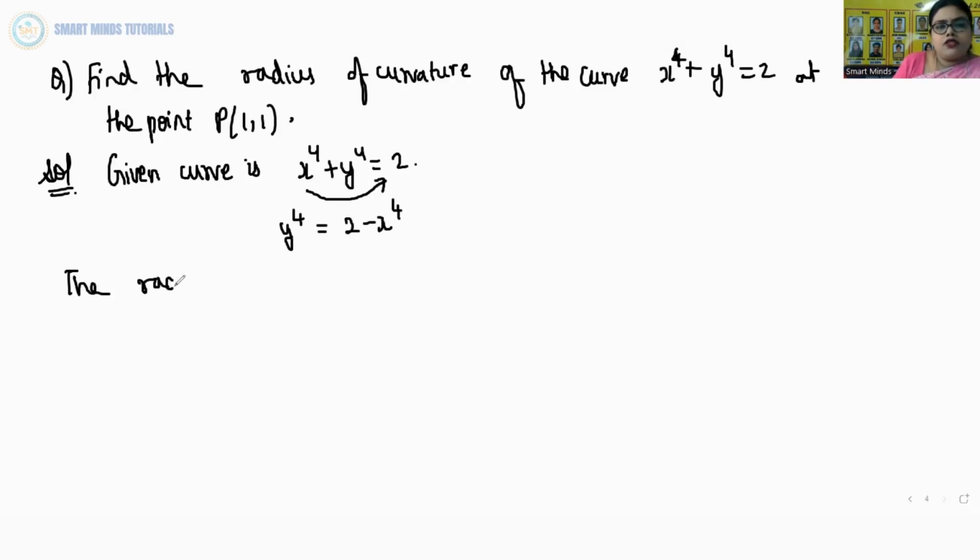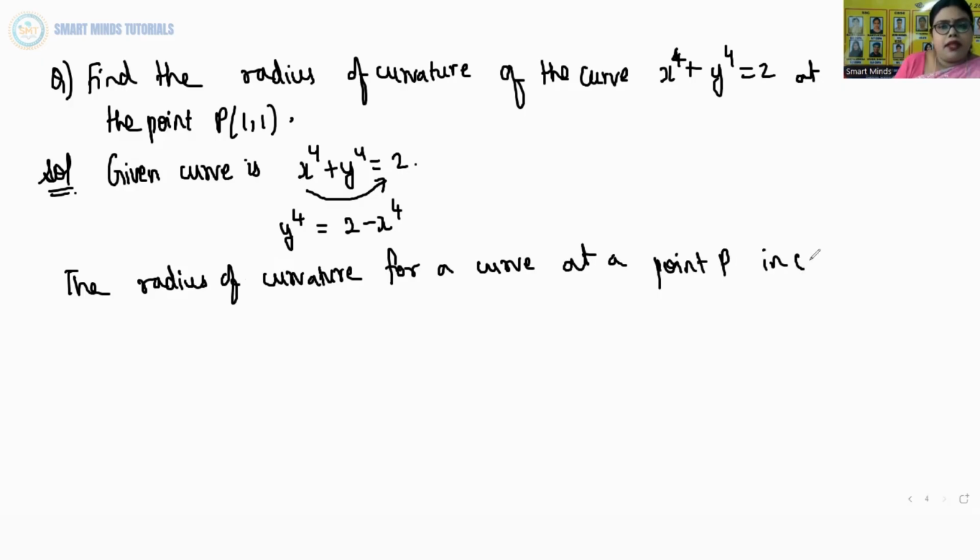Now the radius of curvature formula we are going to apply. The radius of curvature for a curve at a point P in Cartesian form. What is Cartesian form? If the equation is in the form y is equal to f of x, that is called Cartesian form.